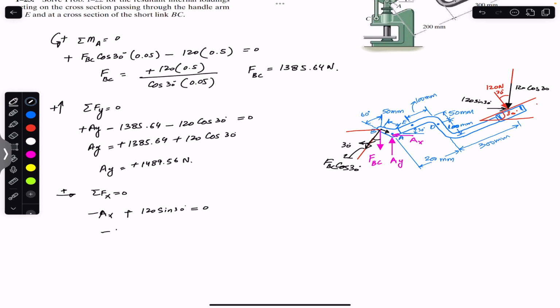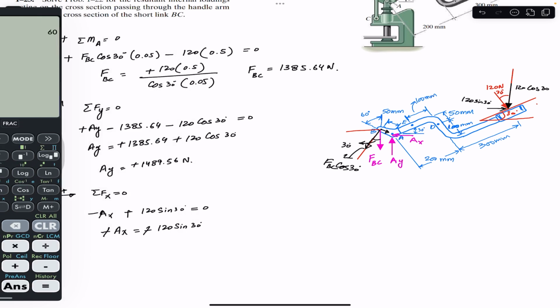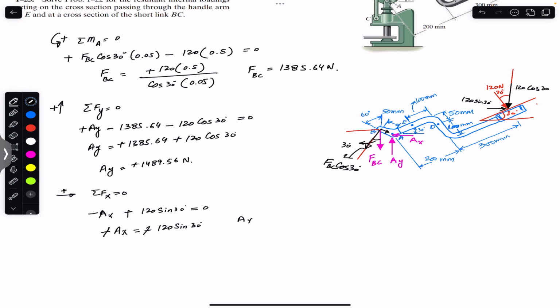So minus ax is equal to minus 120 sine of 30. Minus will cancel out, and we will be left with ax equal to 120 sine of 30, so this is equal to 60. So ax is equal to 60 Newton, and it is towards the right. This is in the upward direction. This is in the downward direction.